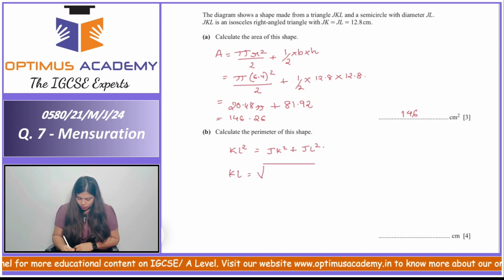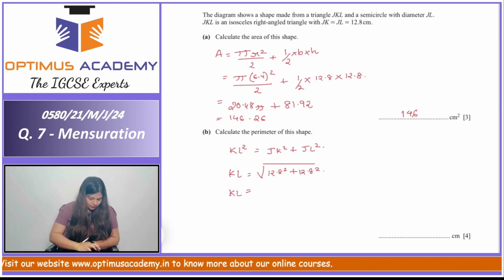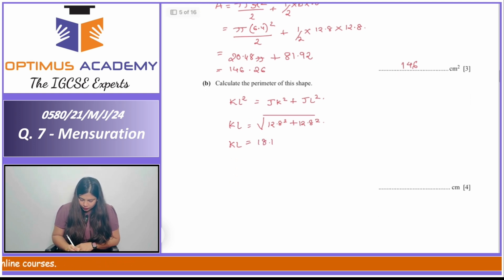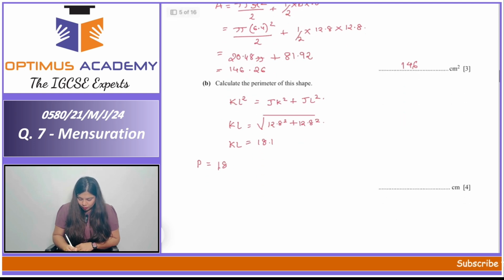That would be root 12.8 squared plus 12.8 squared. So we get the final KL value as 18.1.